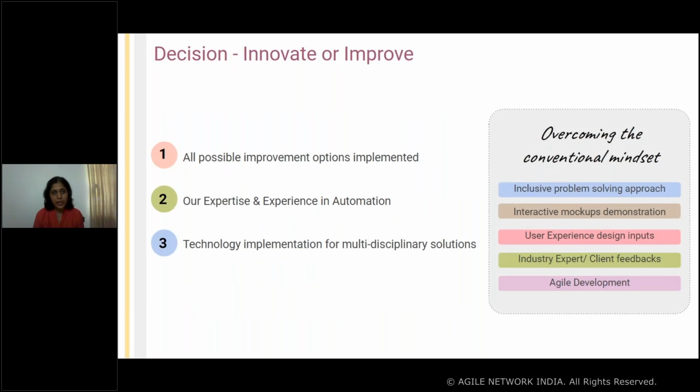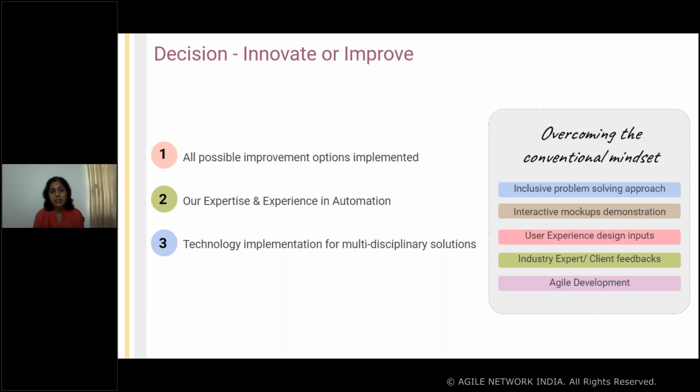Now, what was our decision? When it came to whether we have to innovate or improve, why did we think we had to take a different route? First, our team working on this clinical research domain had tried out all possible improvement options, like writing reusable functions or methods, reusable pieces of code, or creating report templates.